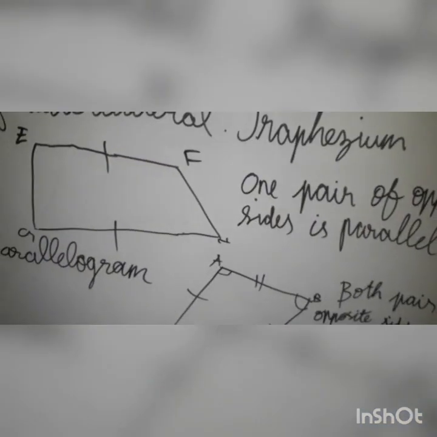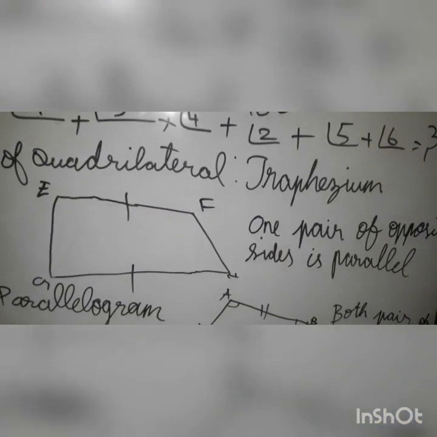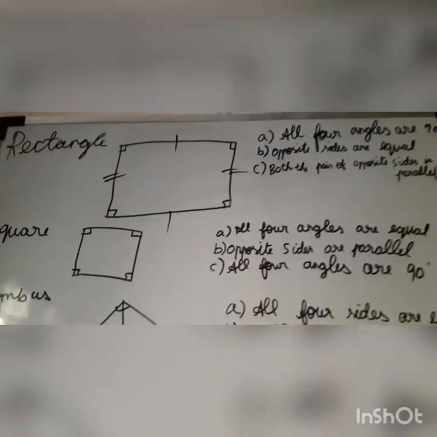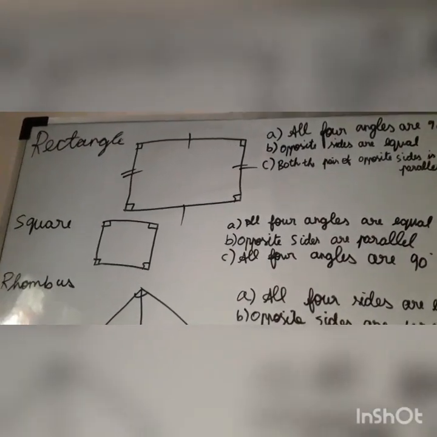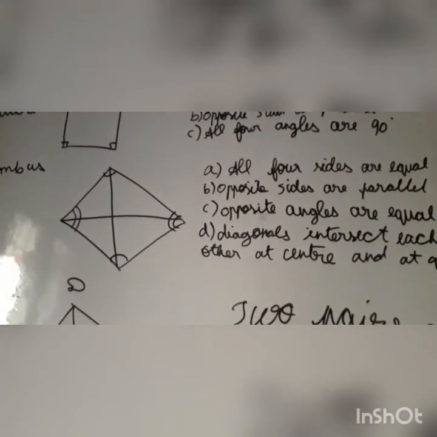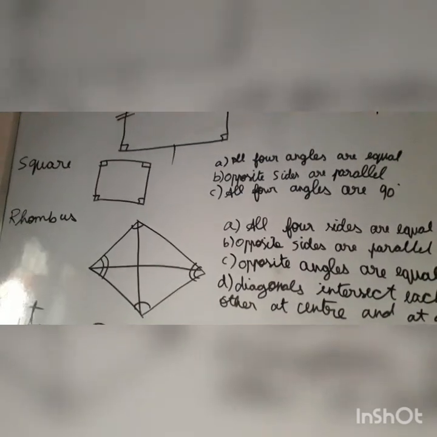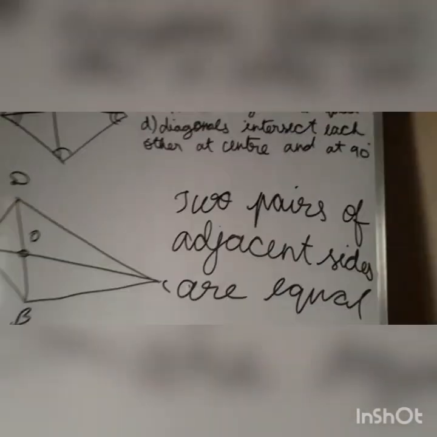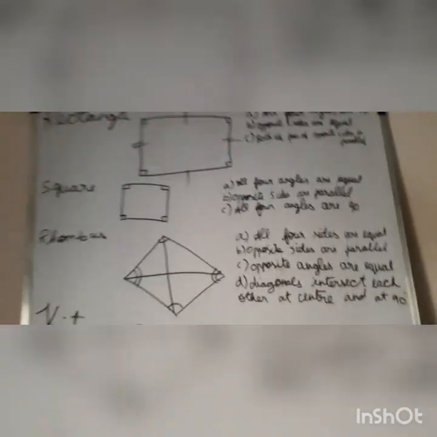So we can now go to the next quadrilateral. The next quadrilateral is the rectangle.